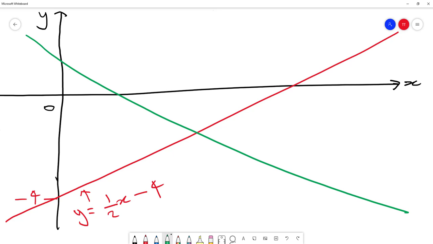And this is the equation of the tangent line, which we worked out was 1 minus 2x. Where they intersect is the point P, which we worked out already, which has coordinates 2 and -3.